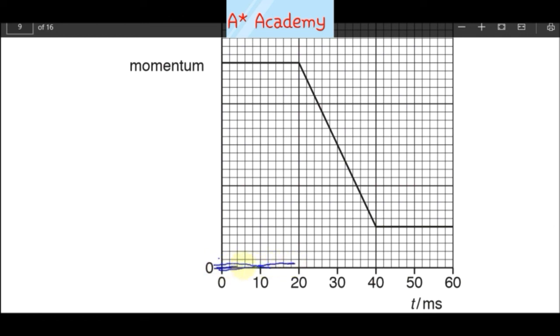That line there is supposed to be on the 0 mark. Then it changes, it increases as Y experiences a force from X. So it increases at a constant rate. Then it becomes constant at that point.